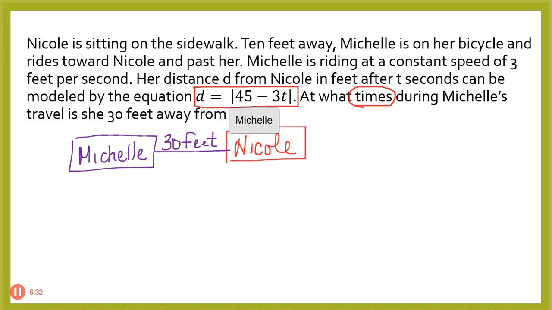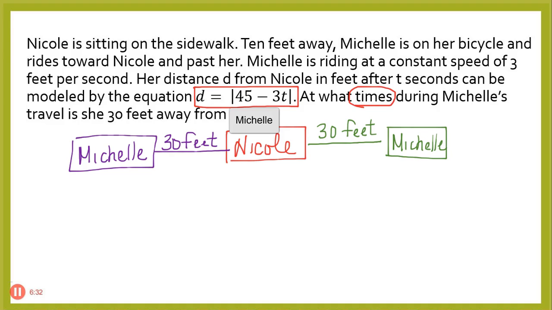Or she can be on the right, and still be 30 feet away. So because this is an absolute value equation, we need to separate it into two equations.